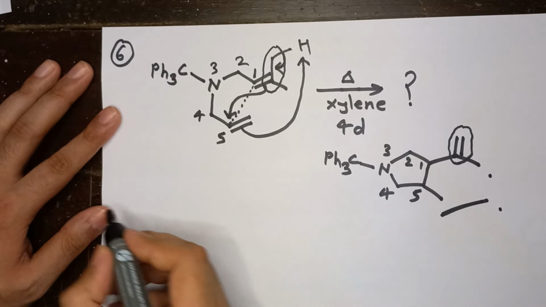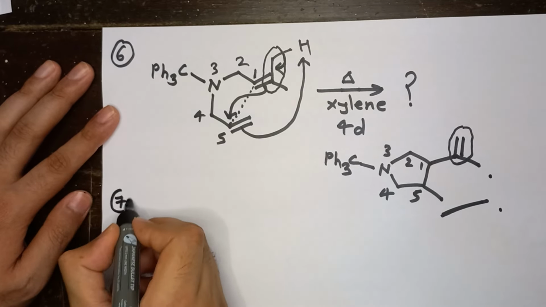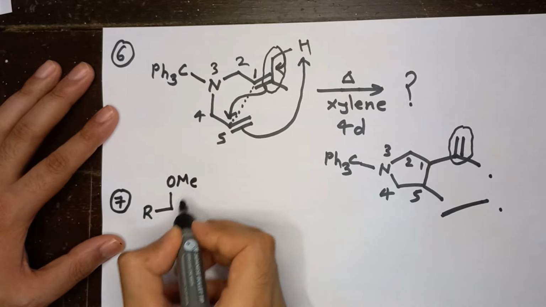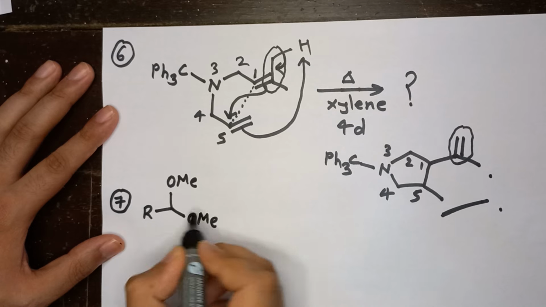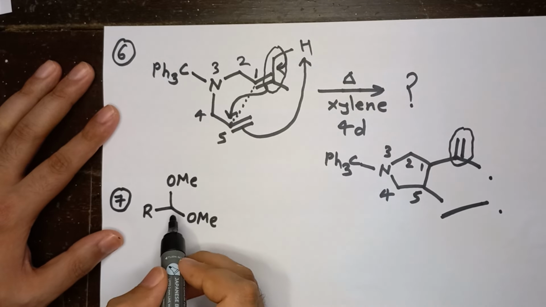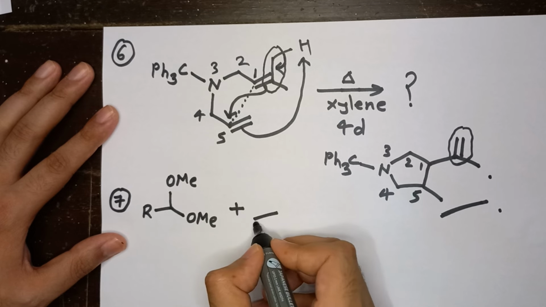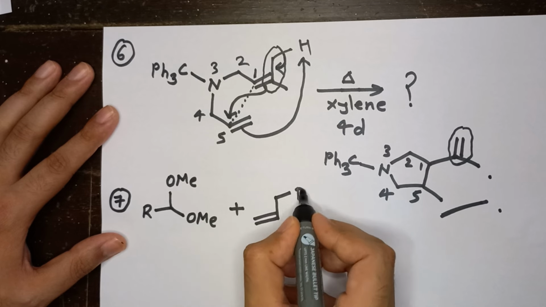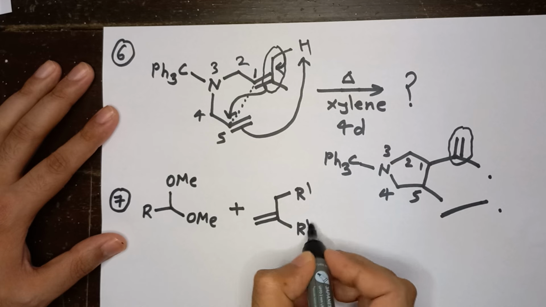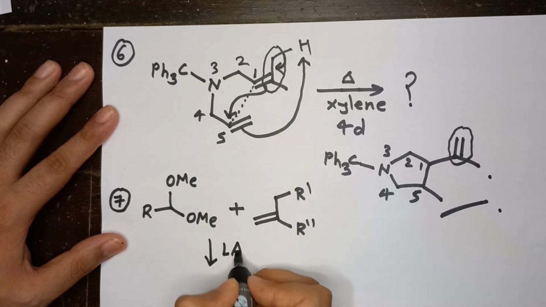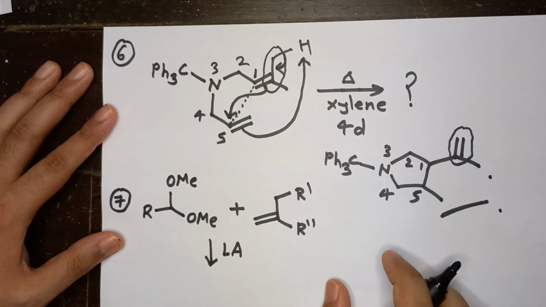Let me give you one more example. So one of the reagents is this acyclic acetal, and we are reacting this with this alkene in presence of Lewis acid. So what is the product?